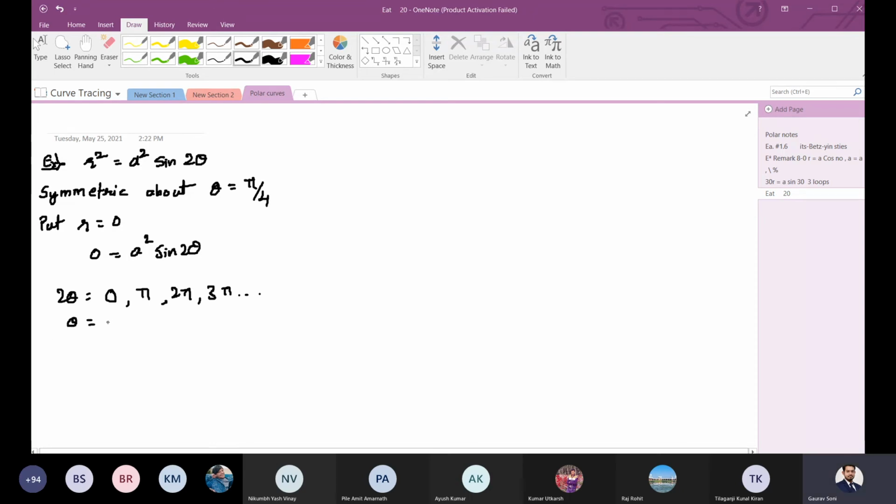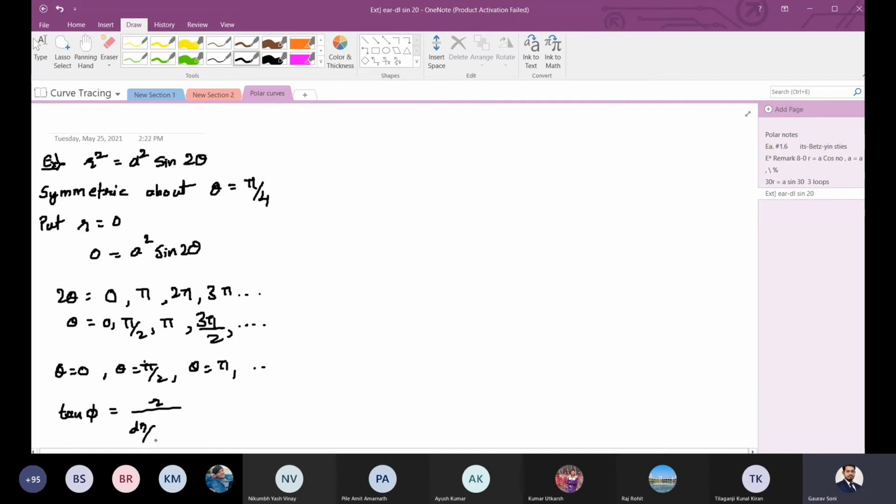So theta has to be equal to 0, pi by 2, pi, 3 pi by 2, and so on. So the tangents are theta equal to 0, theta equal to pi by 2, theta equal to pi, and so on. What is the value of tan phi? Tan phi is equal to r upon dr by d theta.